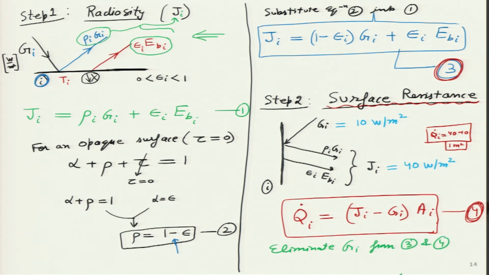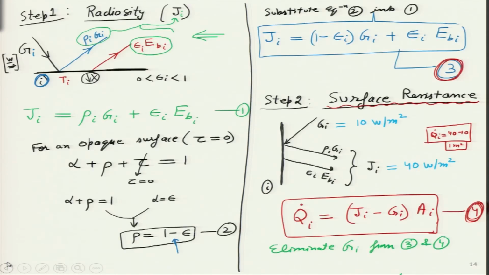This exercise I will do on the next slide, which means I am going to take the expression for G I from here, highlighted in black color, then I will substitute it in equation number 3, which will be this term over here.